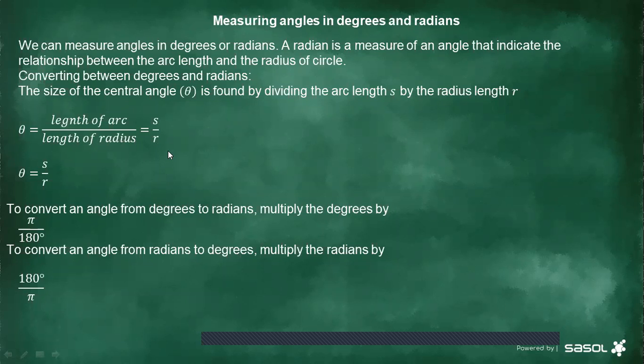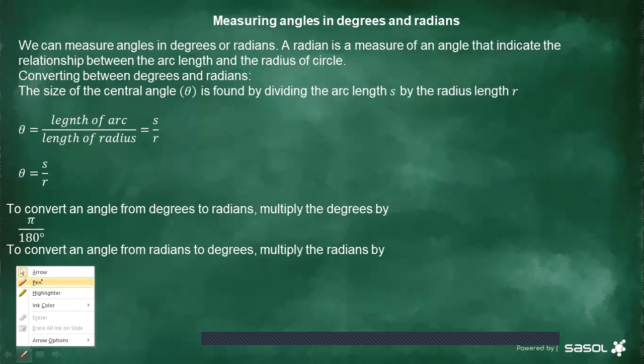A radian is a measure of an angle that indicates the relationship between the arc length and the radius of the circle. Converting between degrees and radians, you must be very flexible in converting degrees to radians, and then vice versa.